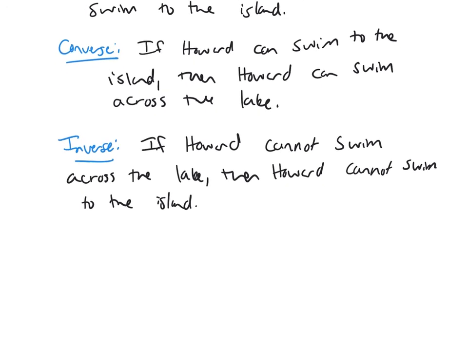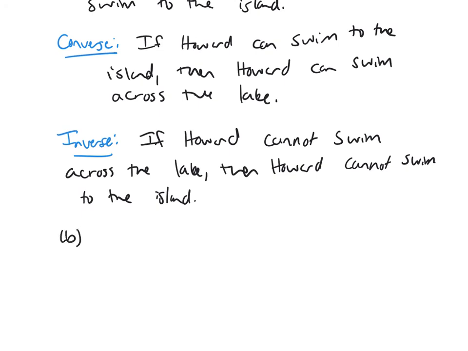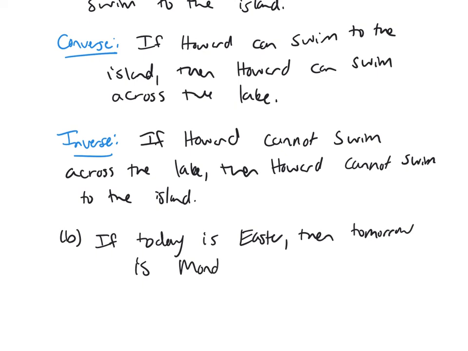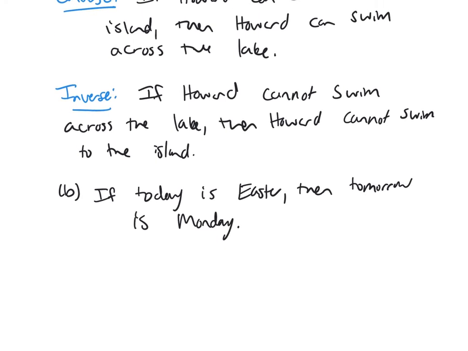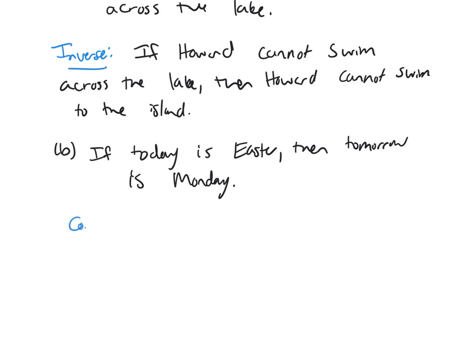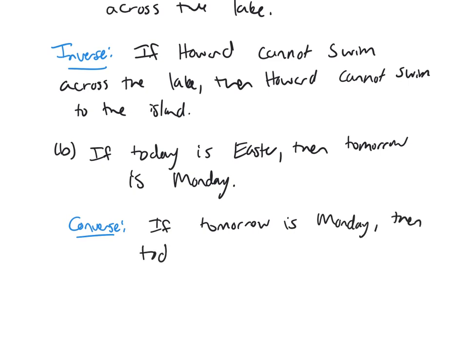Let's look at our last one here, part B. We looked at this example: if today is Easter, then tomorrow is Monday. Let's write the converse of that. So the converse would say, if tomorrow is Monday, then today is Easter.